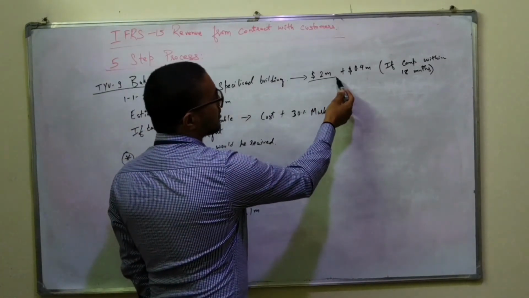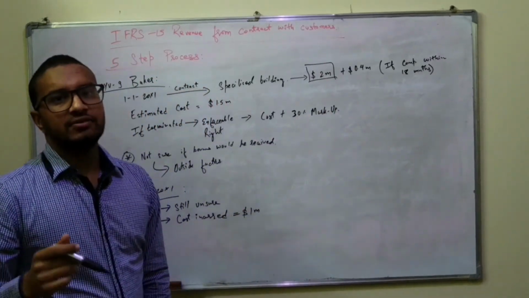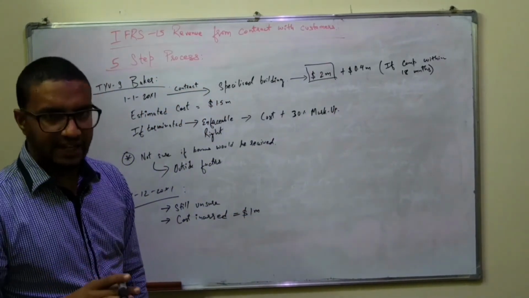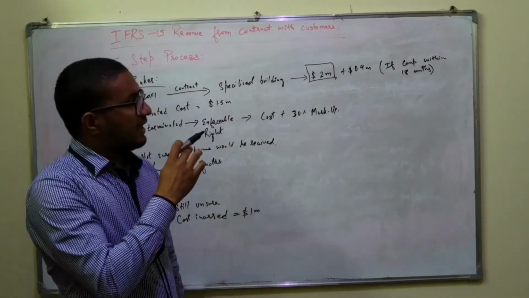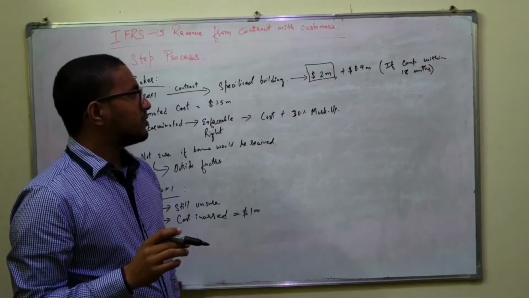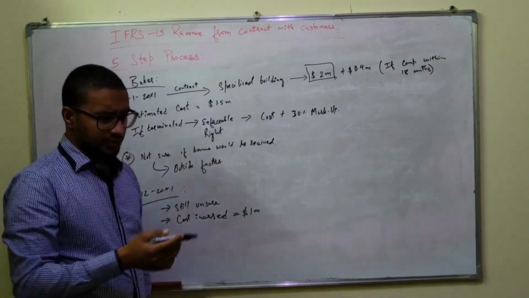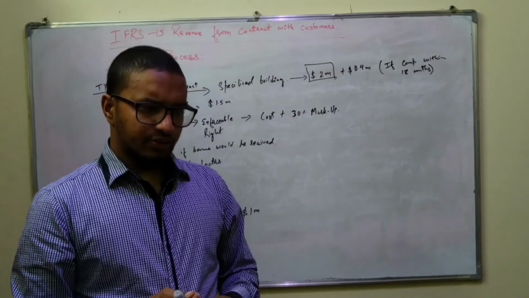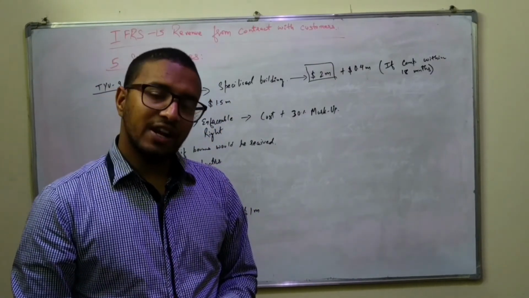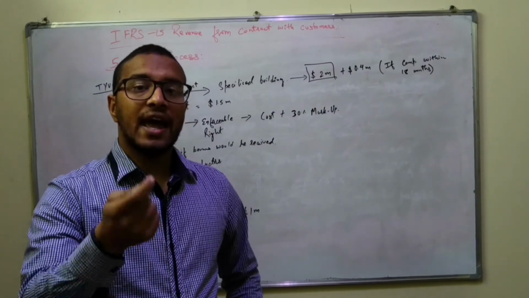So our contract was for 2 million, and then we would receive a bonus of 0.4 million if we were to satisfy the 18-month criteria, which is like they would give us a bonus for completing the project quickly. On variable consideration, we learned earlier that it is only recognized if it is highly probable that a reversal won't happen.